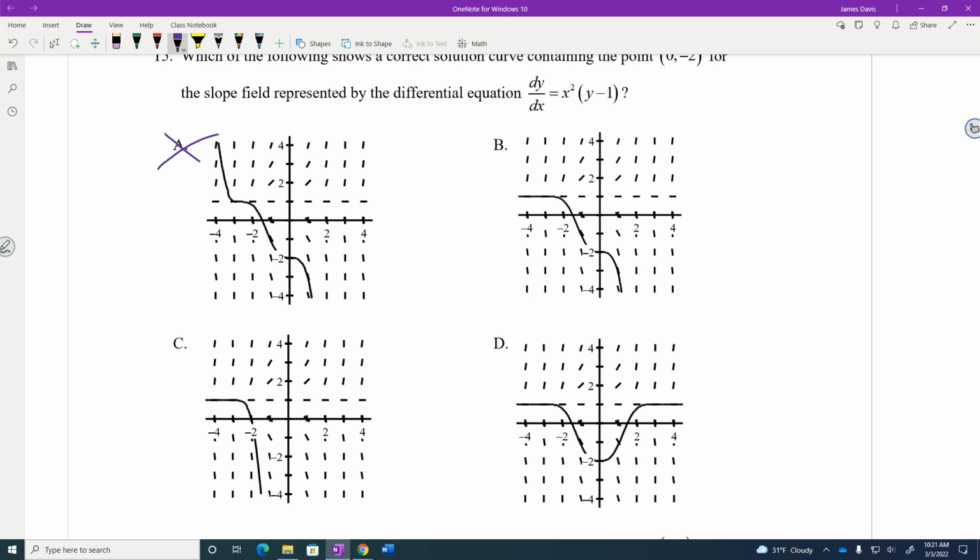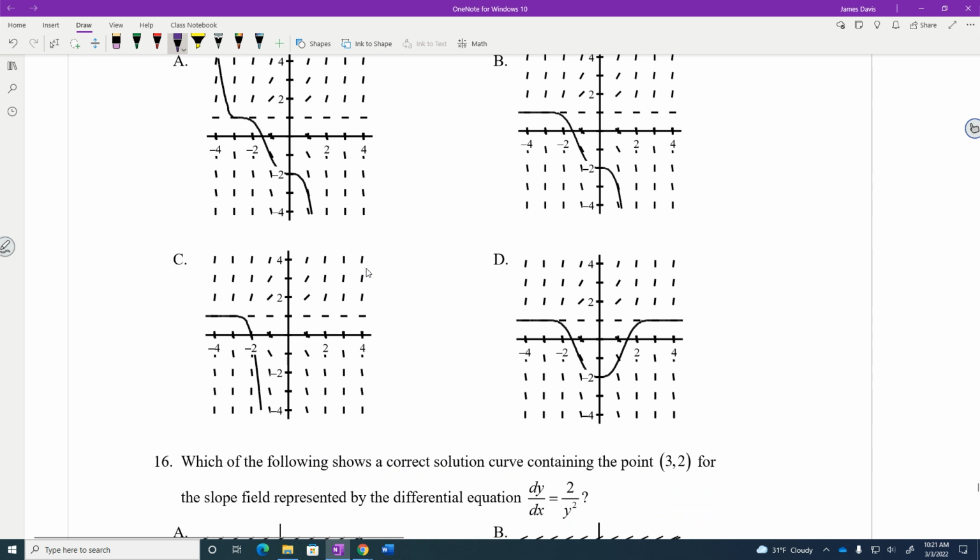So actually, we could probably cross out C, because then we look at D. Yeah, let's cross out D or C. It doesn't make sense because it would need to go back down. And C doesn't go through the point.